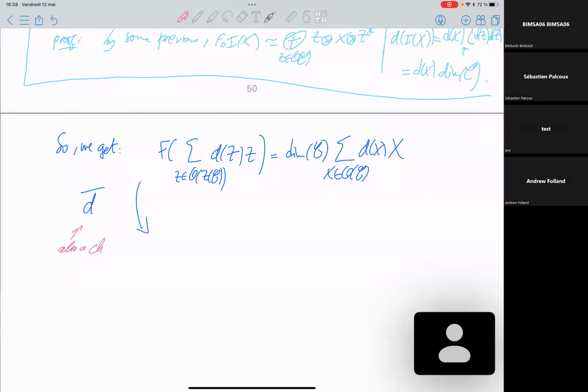It's also a character of the Grothendieck ring.